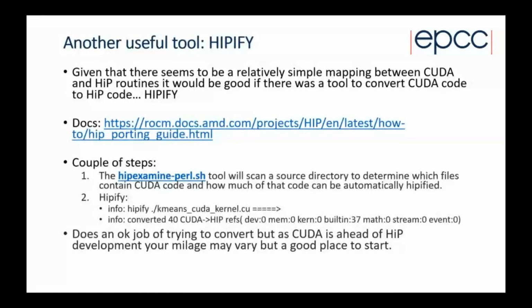Another useful tool can be something called Hipify. Given there seems to be a relatively simple mapping between CUDA and HIP routines, it'd be good if there was a way to convert this, and there is one provided by the AMD developers called Hipify. There's a guide to porting in the AMD docs, which you can use. What it allows you to do is scan a particular directory for files containing CUDA code, and see how much of that code can be automatically hipified.